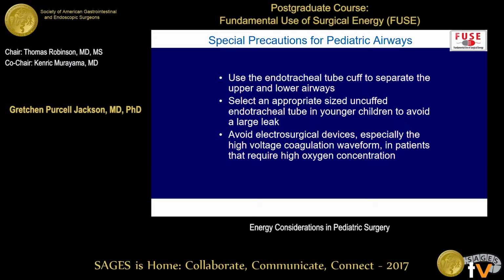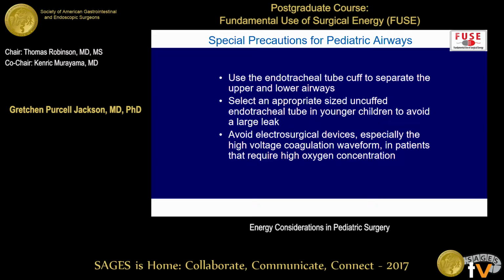In these situations, there are precautions that you can take. Ideally, you use an appropriate size cuffed endotracheal tube to separate your upper and lower airways and the source of your oxygen. But in younger children, we don't use cuffed endotracheal tubes, so it's really important to make sure that the tube you use is an appropriate size to avoid a large leak.